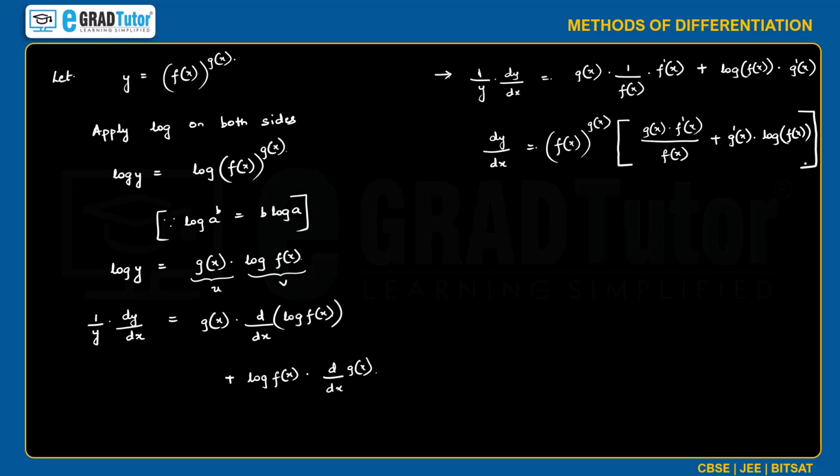Alright, so this is a method in which you differentiate functions of the type y equal to f of x power g of x, and this method is called logarithmic differentiation.